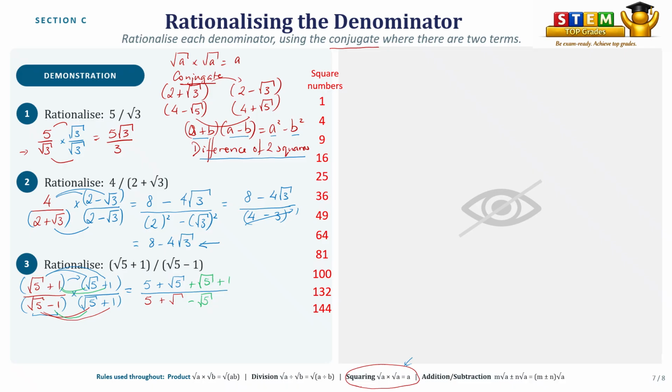And finally, the last terms that are multiplied together, minus 1 times plus 1, which gives us minus 1. We could have done that using the difference of two squares as well.